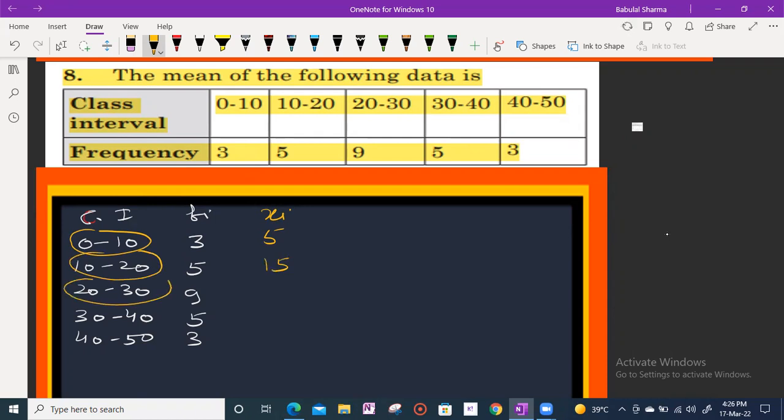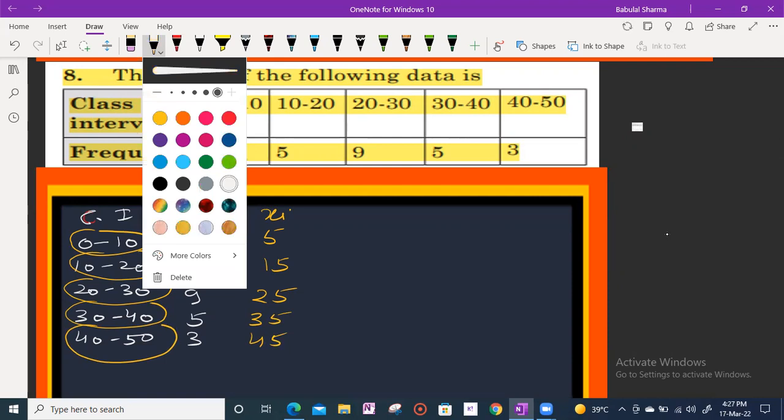Similarly, 20 plus 30, that is 50 divided by 2, 25. 30 plus 40, that is 70 divided by 2, that is 35. 40 plus 50, that is 90 divided by 2, that is 45.